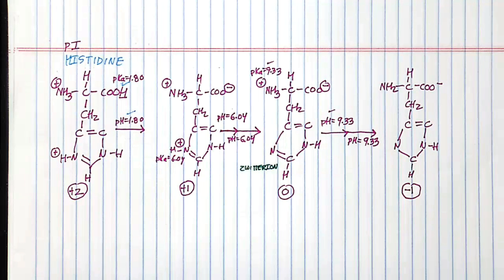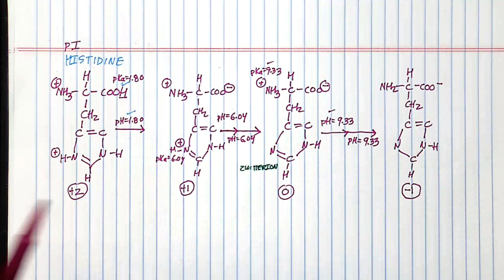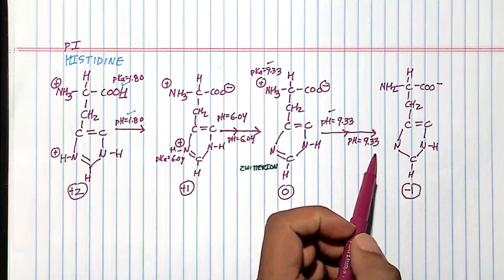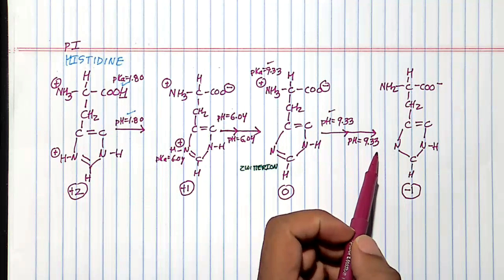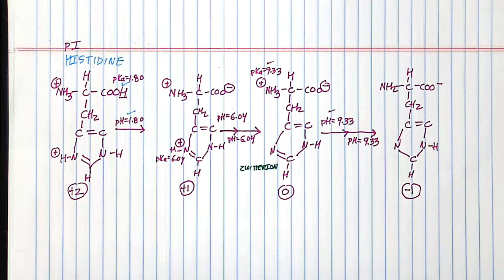Okay? So as we increase the pH, we would expect the populations of these forms on the left to diminish, until we reach pH 9.33 and above, where the -1 form of histidine will supersede all the other 3 forms and all the other charged forms of histidine.